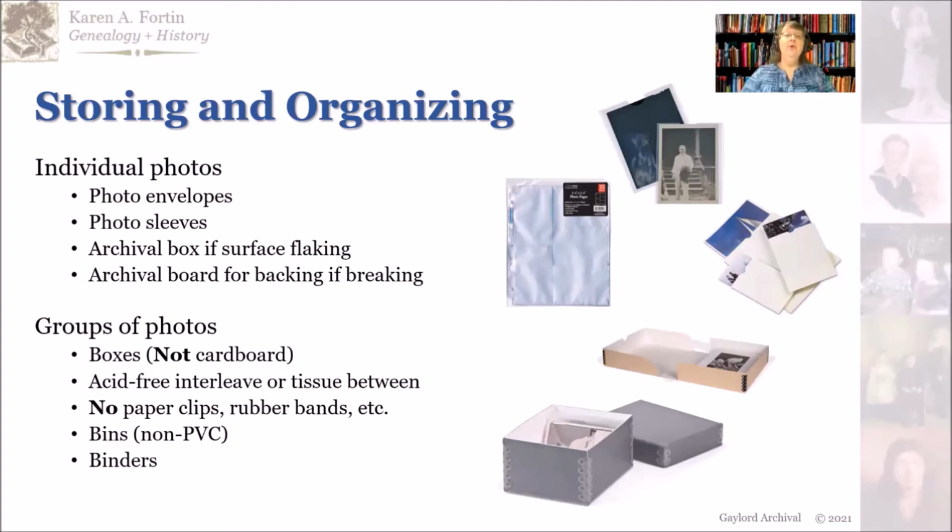They also have photo sheets, such as that shown here on the screen, that allow you to put groups of photos in a binder. If you do, make sure that the binder as well as the sheets are archival quality.